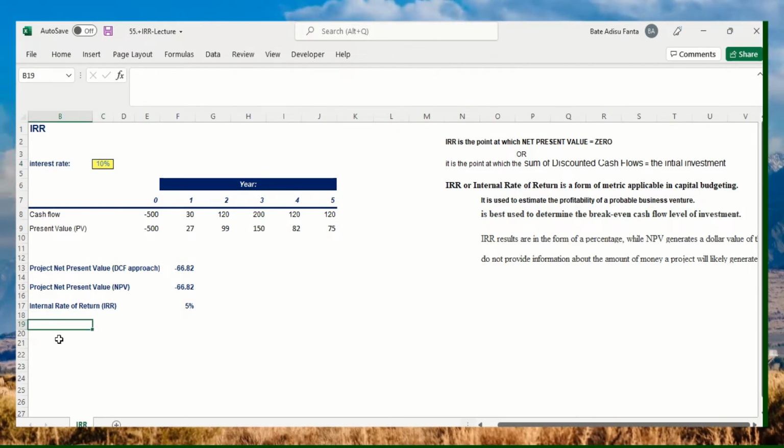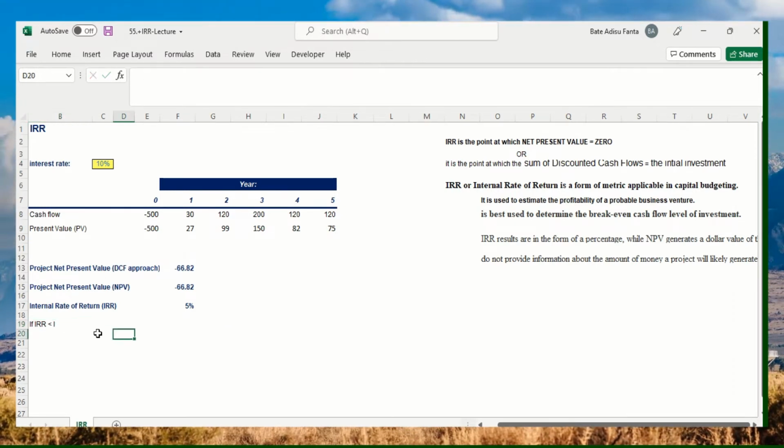So coming to the decision, if IRR is less than the initial cost of capital, the one we use for NPV, then we should not invest.